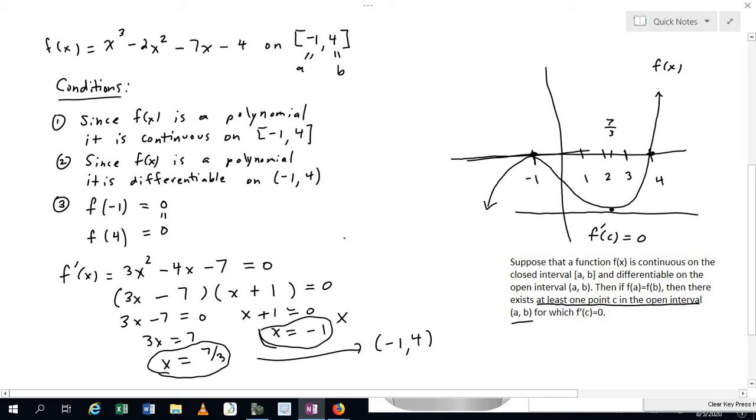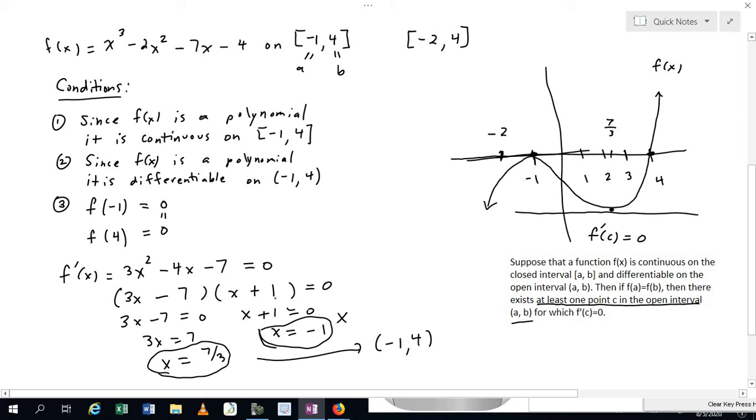Okay. Now, just to note, if this interval went from like -2 to 4, and you extended it all the way over here, then this still satisfies the conditions for Rolle's theorem, right? All three of these conditions are satisfied. And so the conclusion would still be reached.